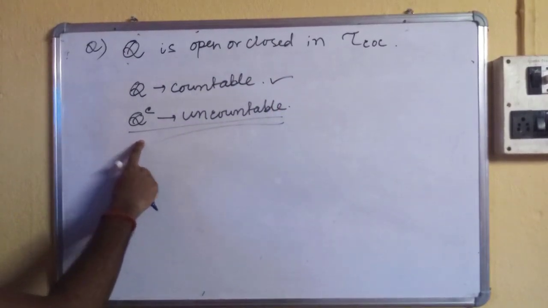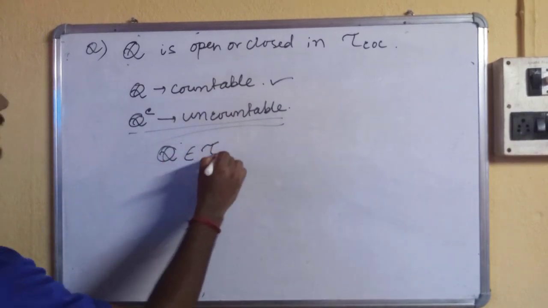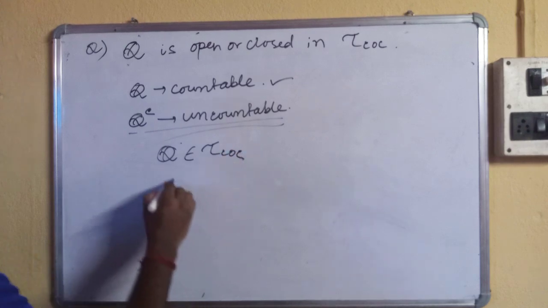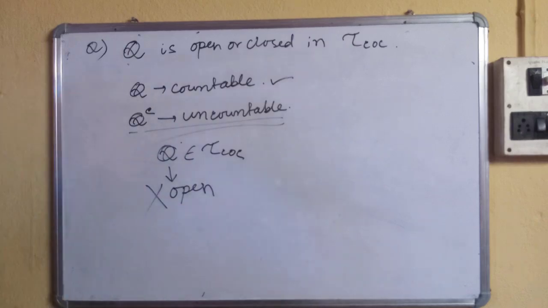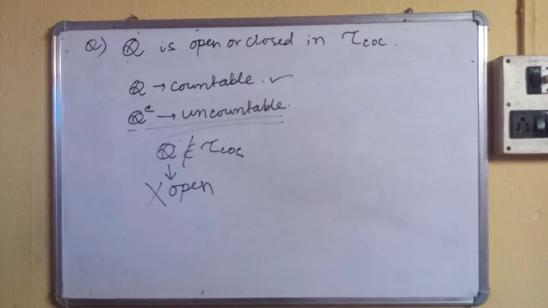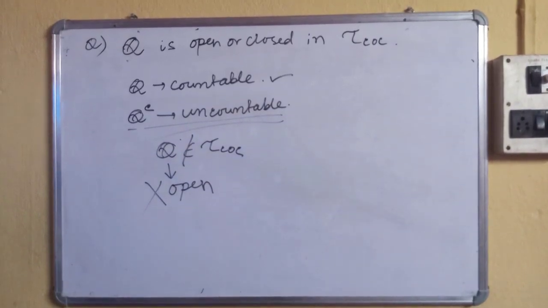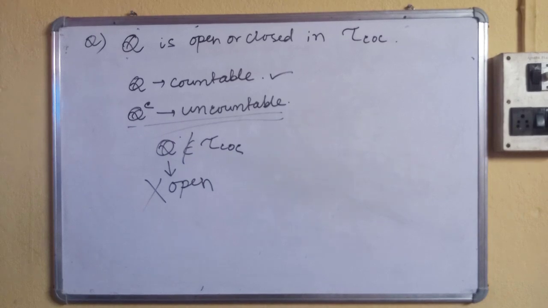Since it is uncountable, Q is not in tau coc. That means it is not open.